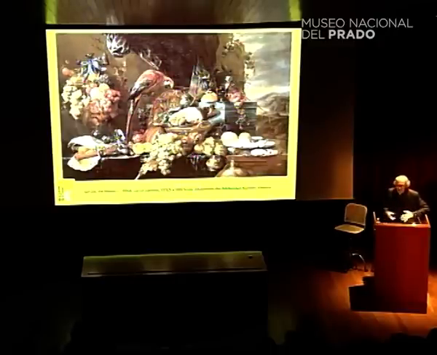It again has all the elements in which he can show the quality of his work and the quality of his virtuosity in showing various textures and types of materials, and also a wonderfully spacious composition.